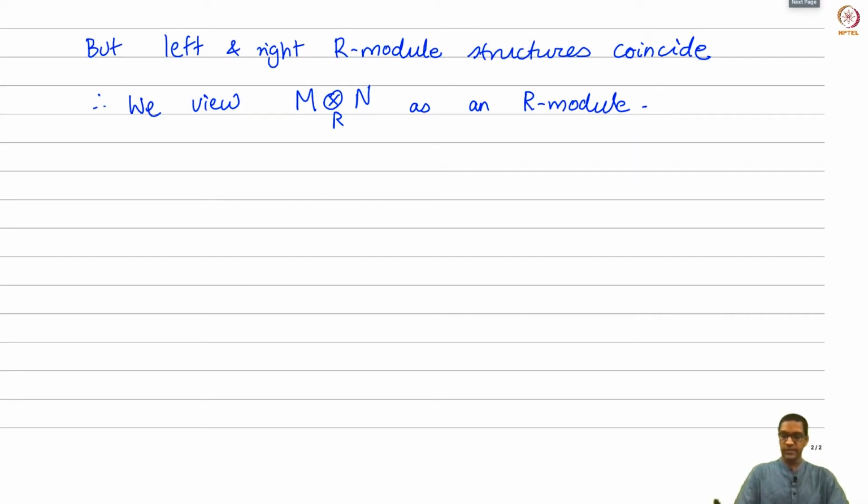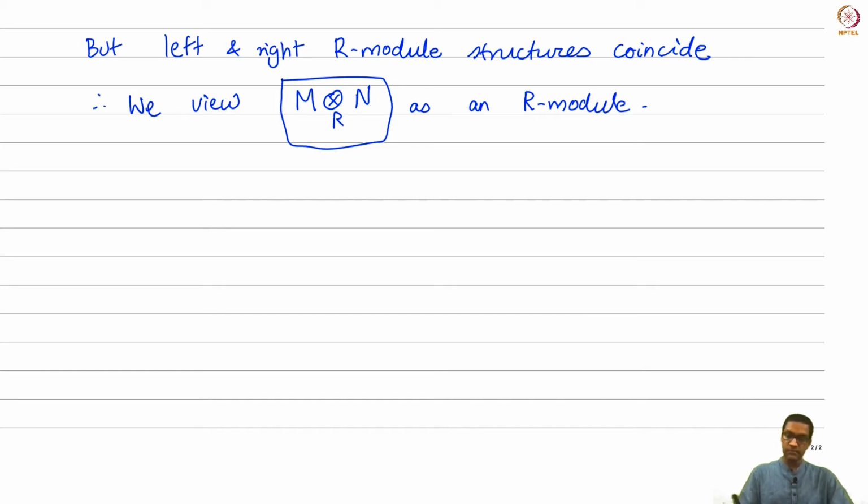So in this context, when R is a commutative ring, the tensor product, not just does it have the defining universal property. So recall, we more or less define the tensor product as a Z module with a certain universal property and so on.